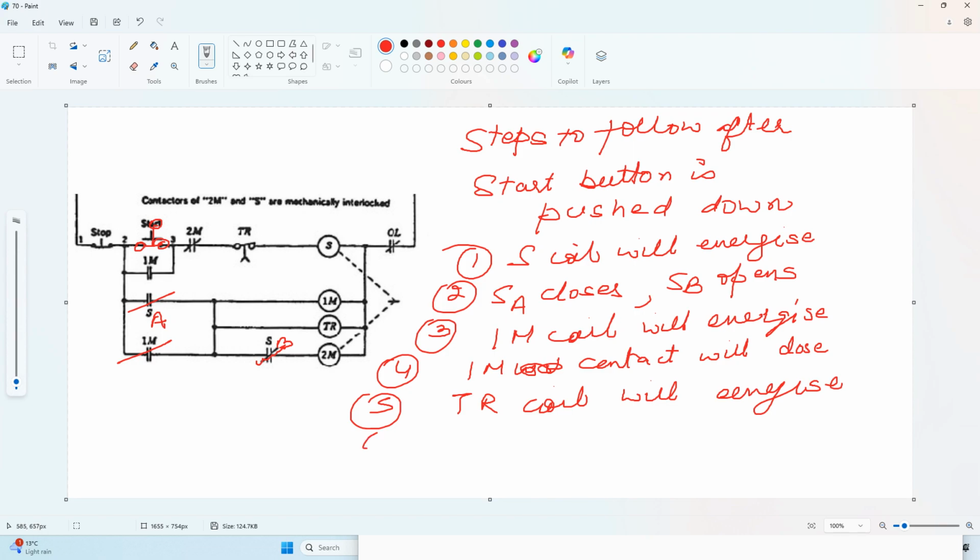If TR coil energizes, timing relay, which is a TR relay, so I would say time delay will happen.